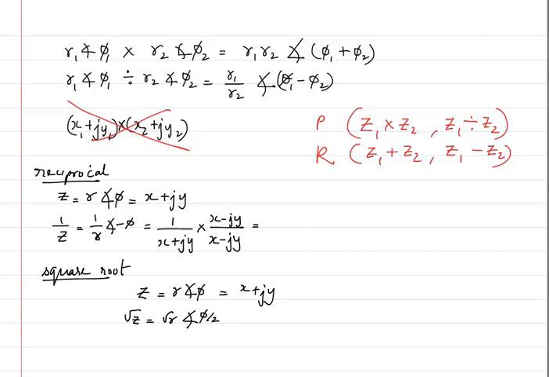Please be very clear here that you have to use this particular method of taking the square root of z. You take the root of r and you take half of the angle.